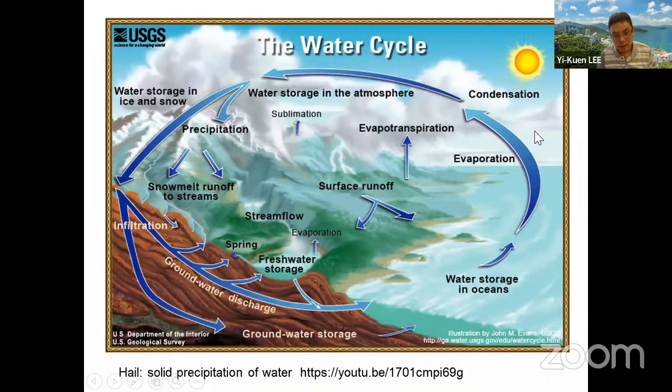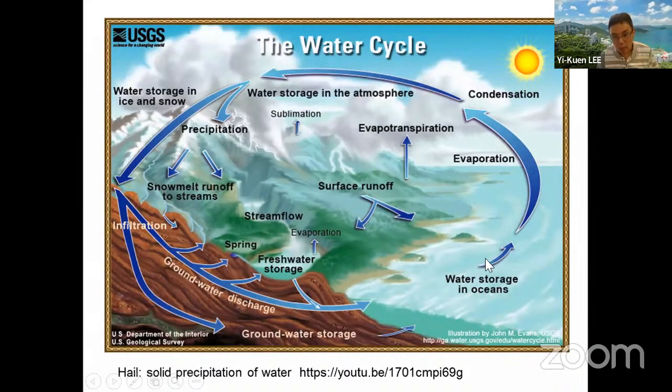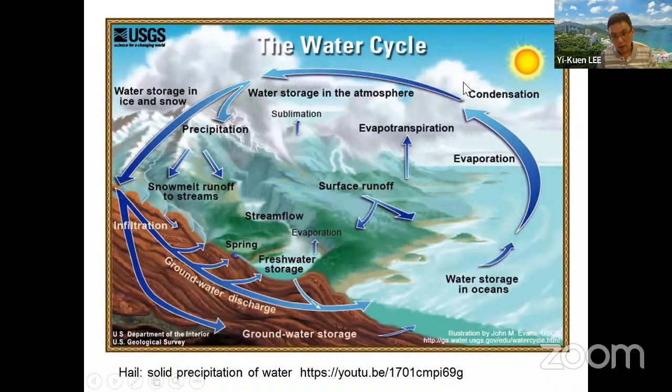We have this kind of heat transfer not only inside the building, but also on the earth. From ocean or lake, we have evaporation, a phase change from liquid to vapor, and then condensation becomes the cloud, and then precipitation.